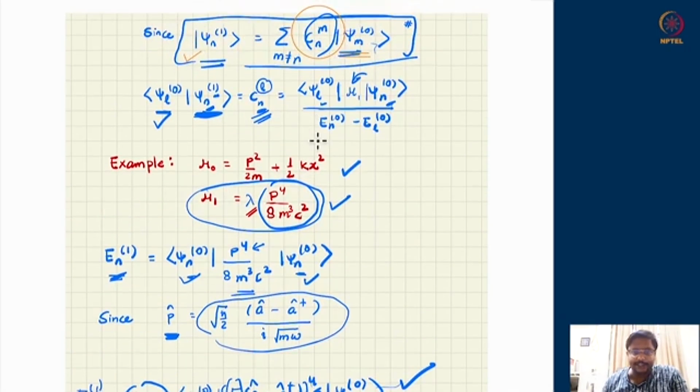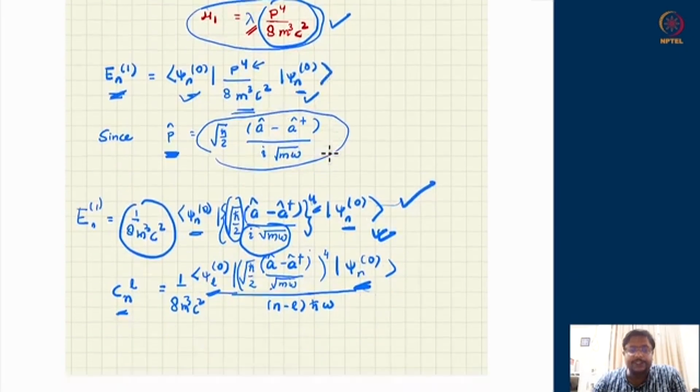So we obtained that these CNMs, or CNLs as I have written over here, are nothing but the matrix element of the perturbation Hamiltonian H1 squeezed between psi n of the unperturbed state from the right and psi l, the unperturbed lth energy eigenstate, from the left. So in the numerator, I have the matrix element of the perturbation Hamiltonian H1, and that gets divided by the energy difference between the unperturbed eigenstates En0 and El0.